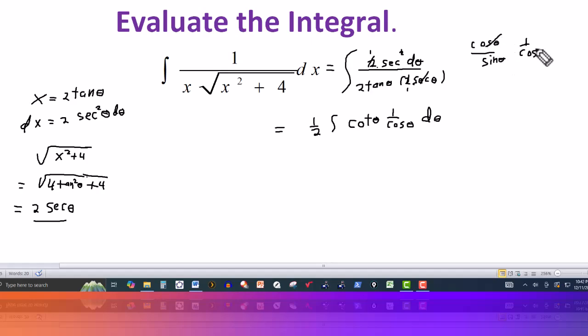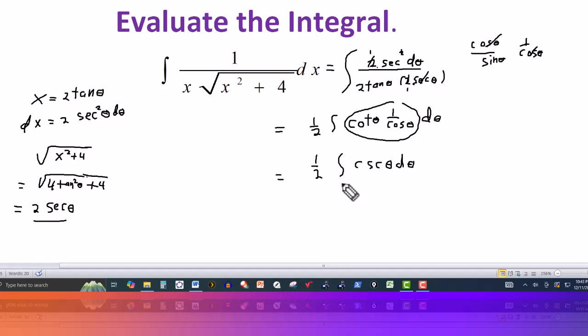So this simplifies into 1 over sine, but sine and cosecant are reciprocals. So I can rewrite this as the integral of cosecant of theta d theta.